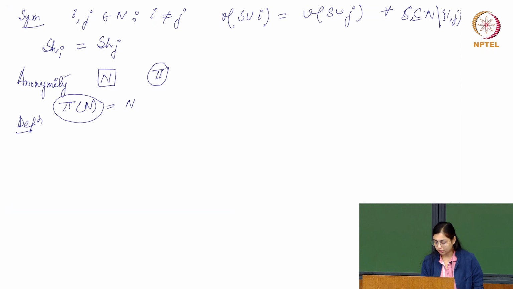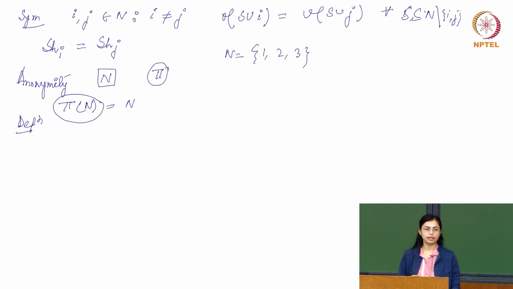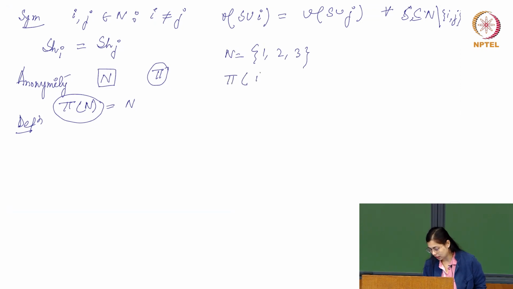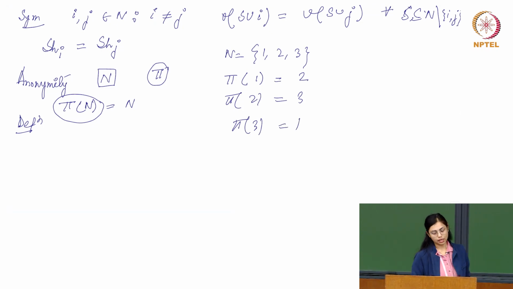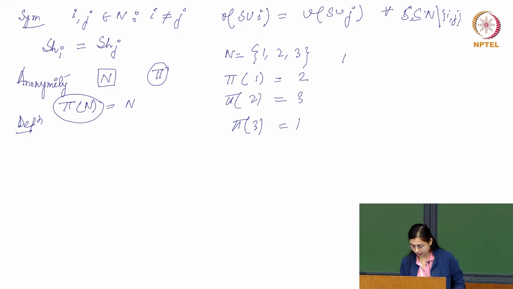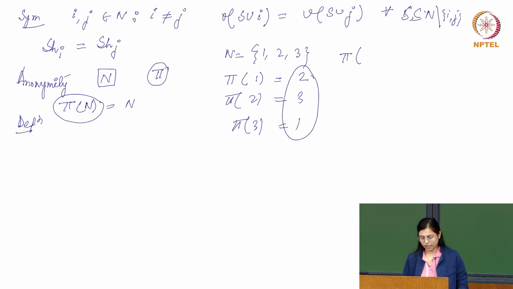Let's take a simple example, a 3-player game. If I consider one permutation, say permutation of 1 is 2, and 2 is 3, then I can define another permuted game on this permutation.